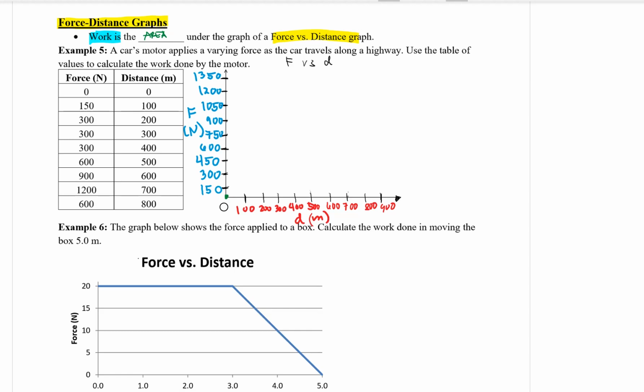So let's take example number 5. A car's motor applies a varying force as the car travels along a highway. Use the table of values to calculate the work done by the motor.